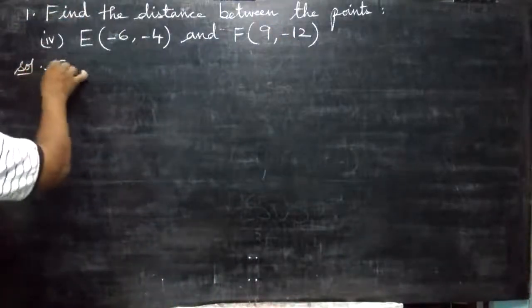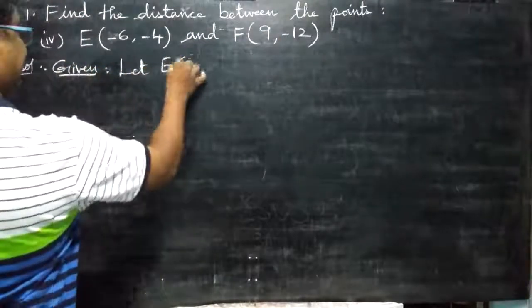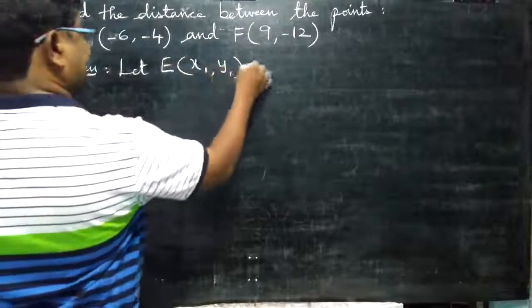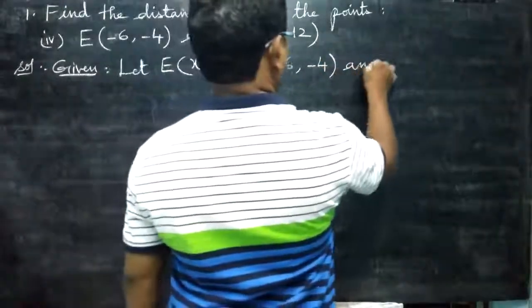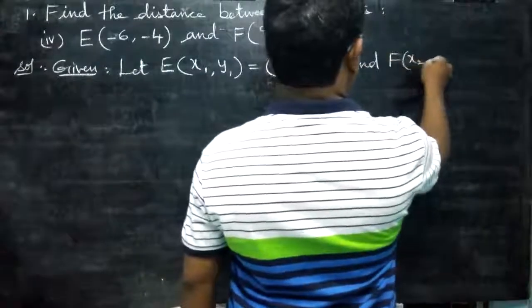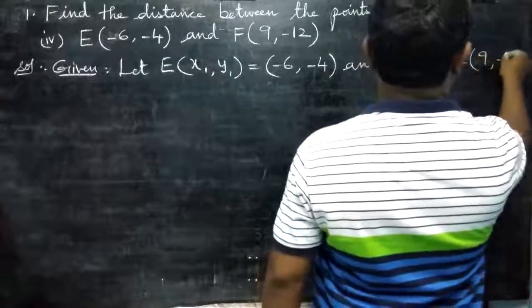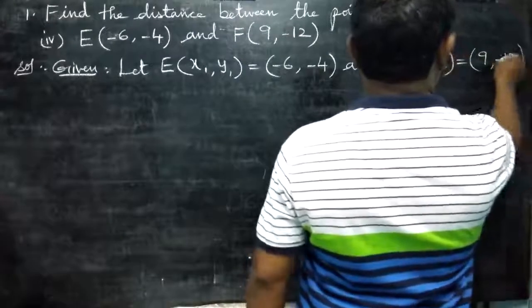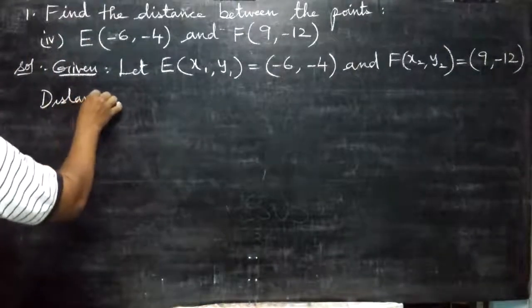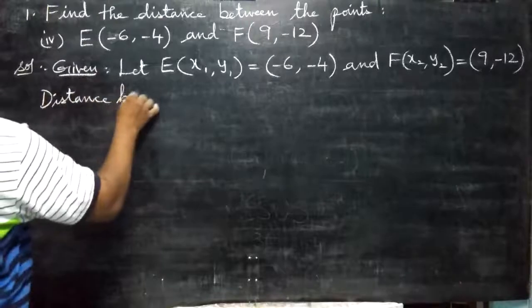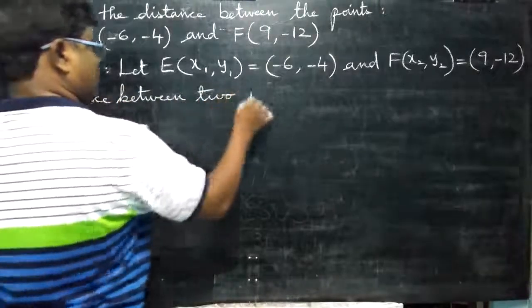Solution: let E (x1, y1) be (minus 6, minus 4) and F (x2, y2) be (9, minus 12). Now, distance between 2 points. What are those 2 points?